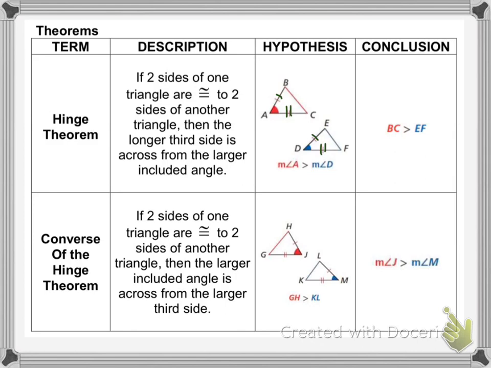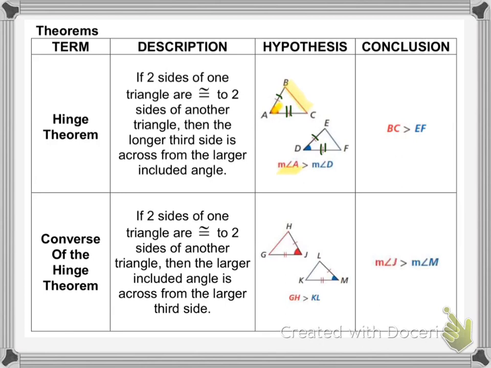Then, because BC is longer than EF, then that means the angle across from BC or opposite it, which is angle A, is going to be bigger than angle D, which is across from EF. Okay, let me say that again.